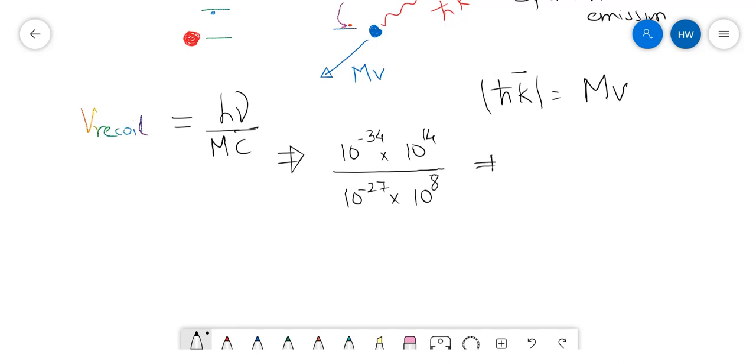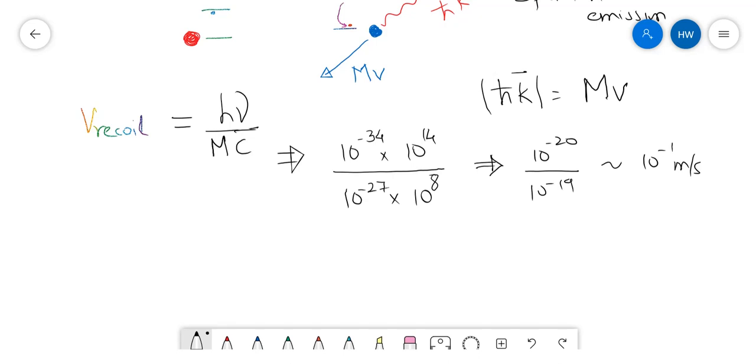Putting all these numbers together, what I get is something of the order of either 10 to the power minus 1 or 10 to the power minus 2 meters per second. So that's the kind of velocity one is talking about.